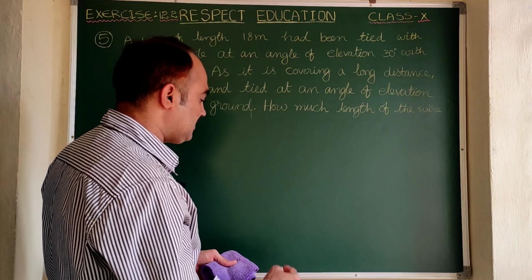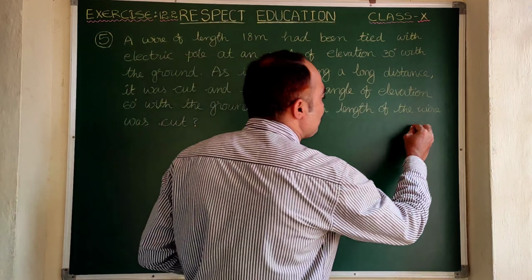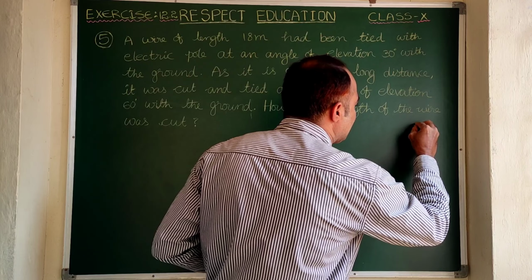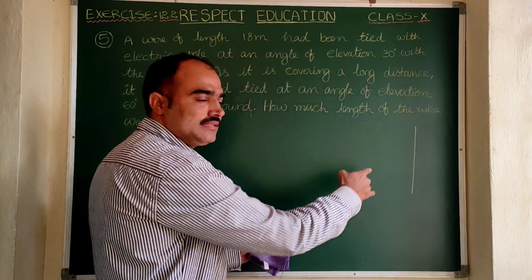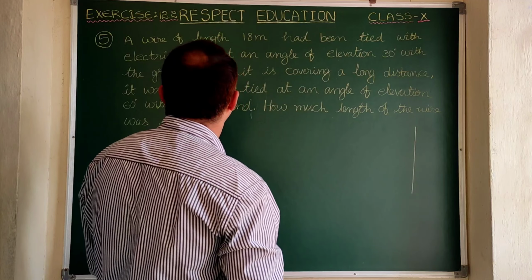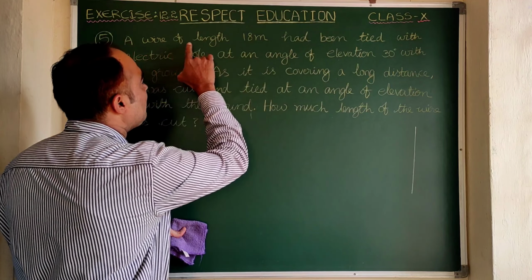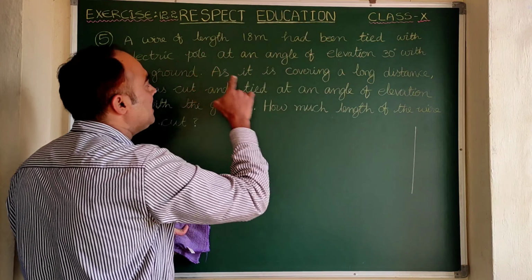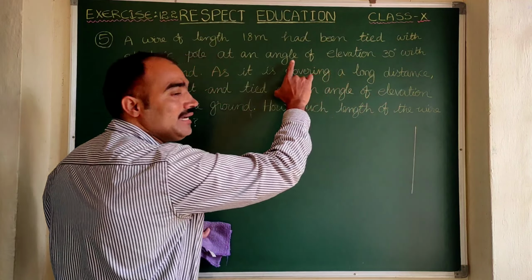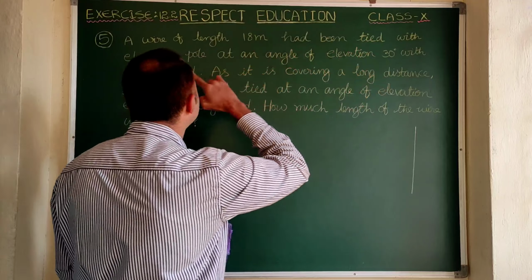Here let us draw a suitable diagram. For example, consider this line as the electric pole, and there is a wire of length 18 meters tied to the electric pole, which makes an angle of elevation of 30 degrees with the ground.